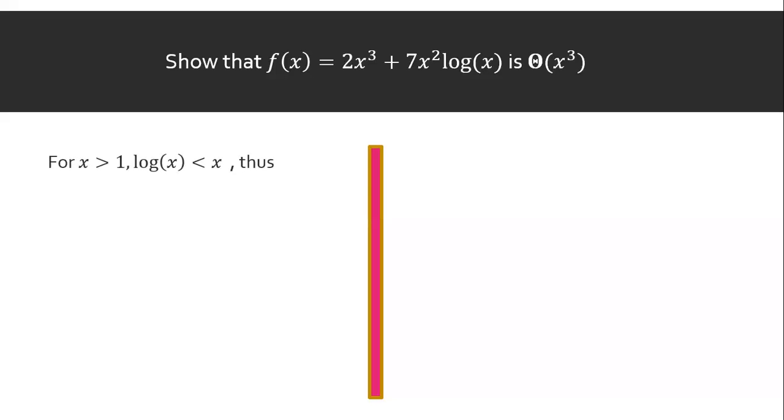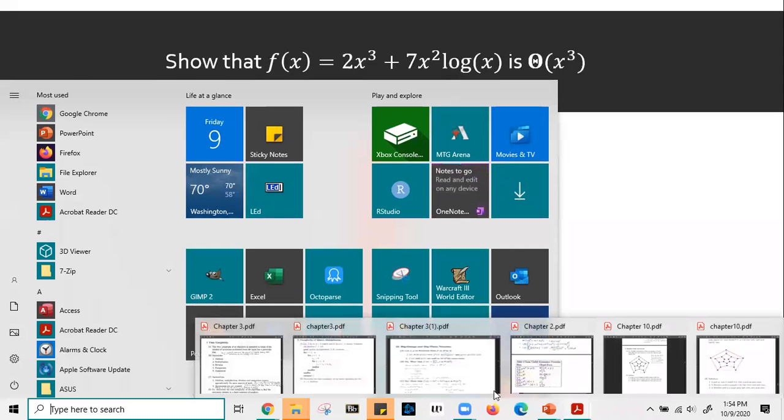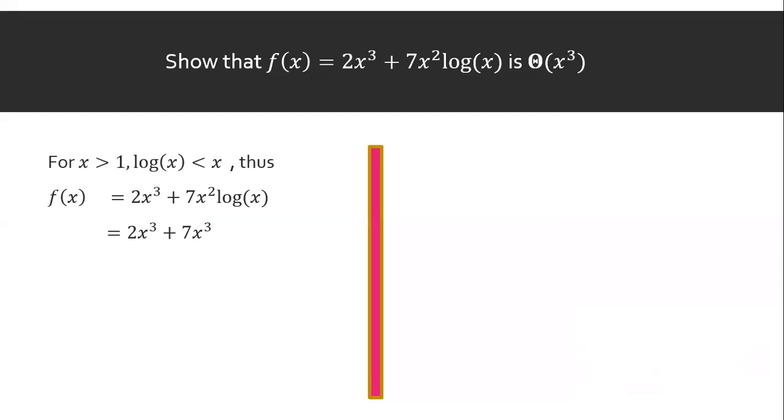Again, we start with some simple statements. As long as x is greater than 1, log x is less than x. So we start with our f of x. The inequality's missing there. Get my pen again. Sorry for the typos.